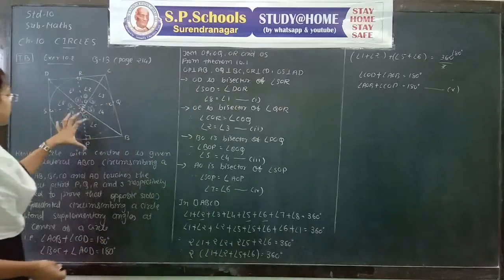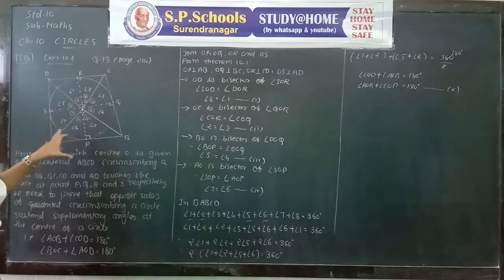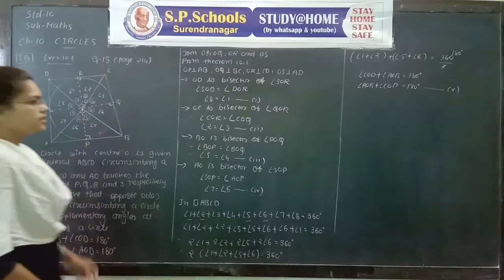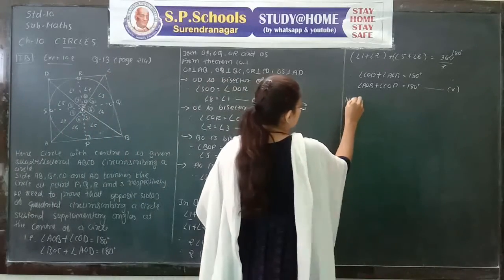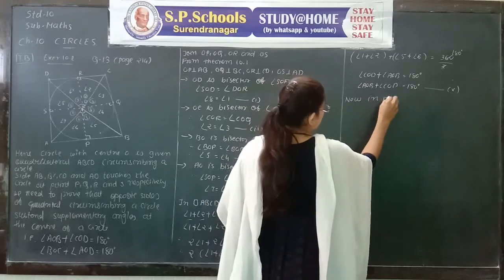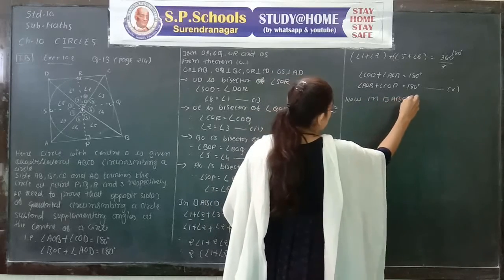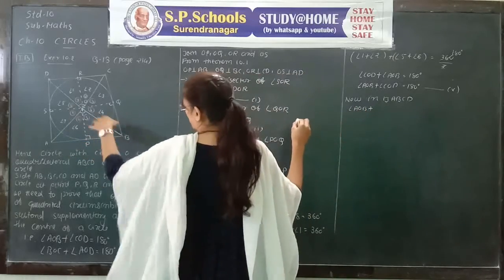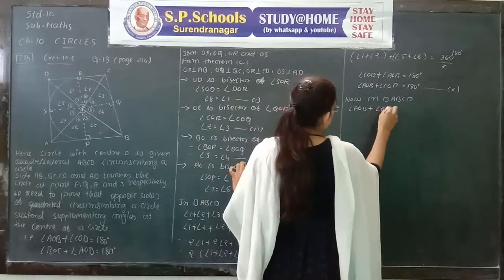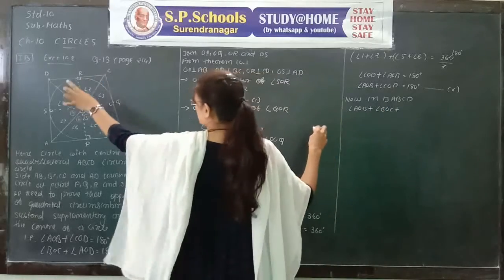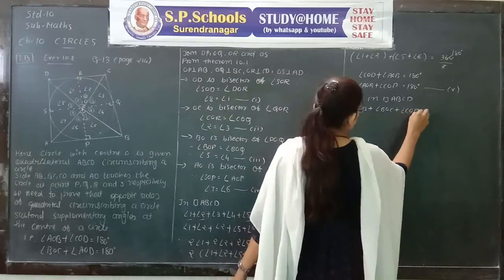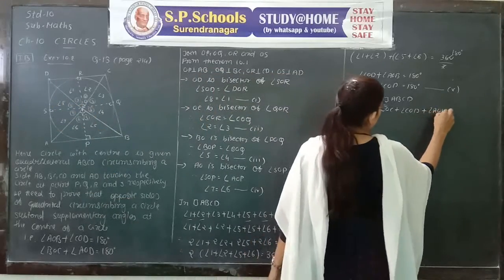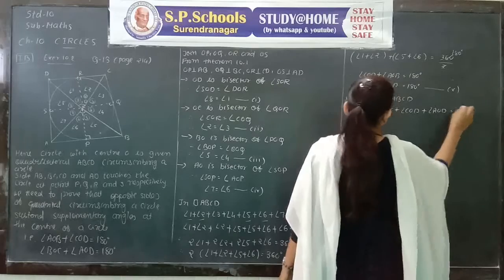Now again in quadrilateral ABCD, the addition of the 4 angles AOB, BOC, COD and AOD is equal to 360. So angle AOB plus BOC plus angle COD plus angle AOD is equal to 360.